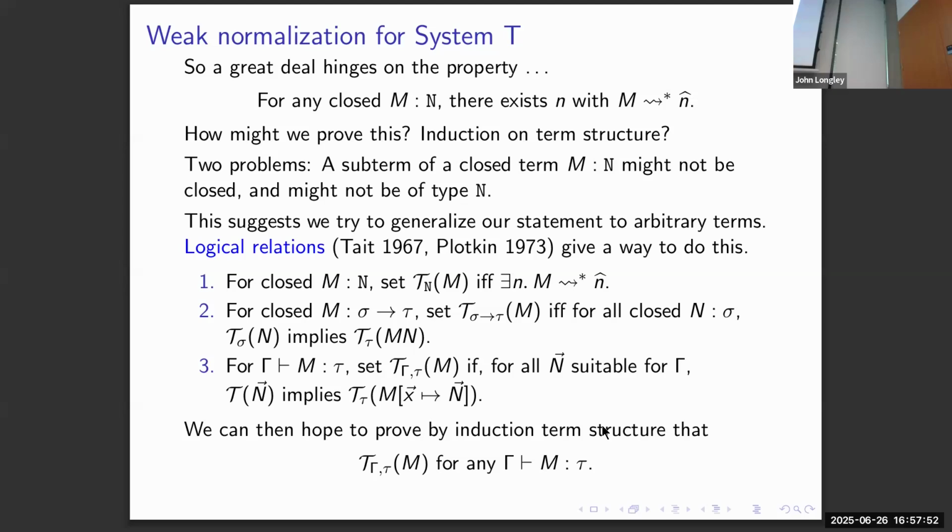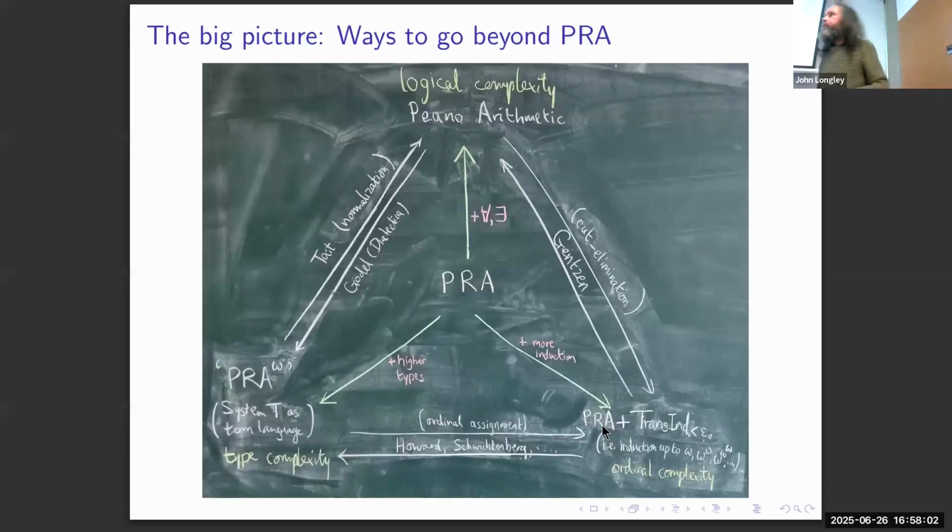Just following on from Kusha's question, you did have this triangle claiming some form of equivalence between these different systems. You're not saying that these are entirely equivalent? In terms of proof consistency strength, yes.